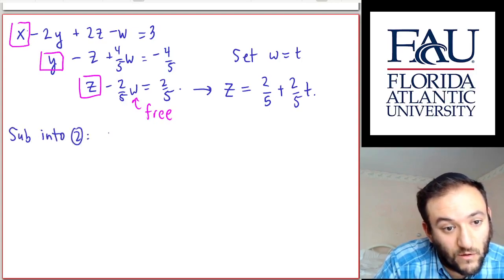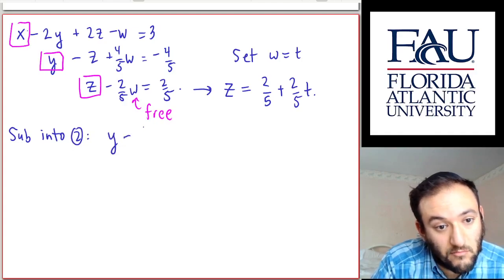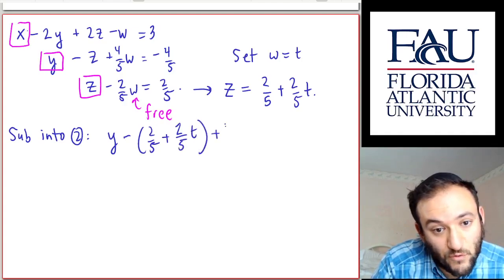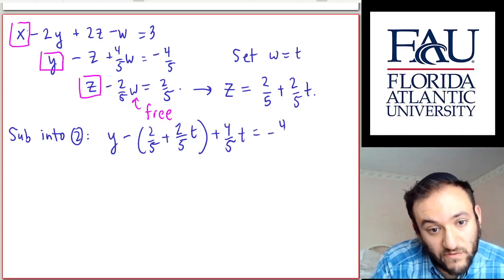We get y minus 2/5 plus 2/5 t plus 4/5 t equals minus 4/5.